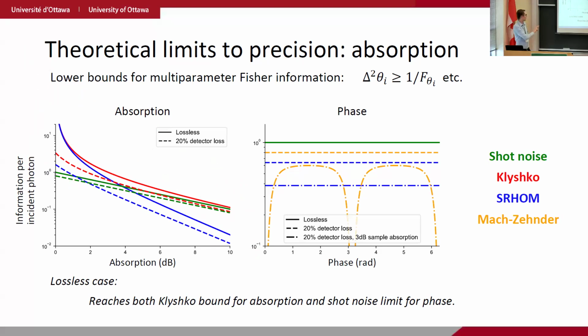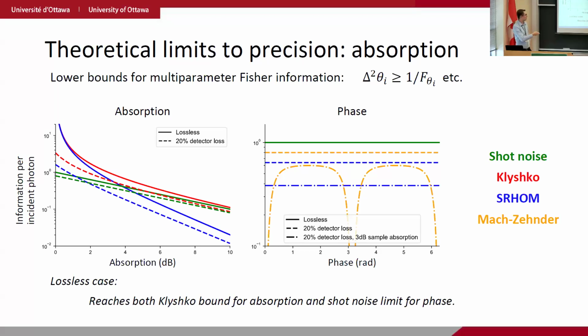To be clear, the Klitschko and other reference plots that I have here are exact calculations of the Fisher information. For the Ou-Mandel case, it's only a lower bound on the Fisher information, so it might be a bit pessimistic, but we do expect them to converge to the true value in the limit of low losses.